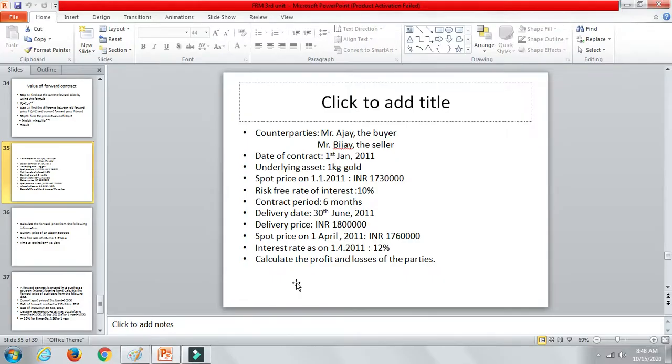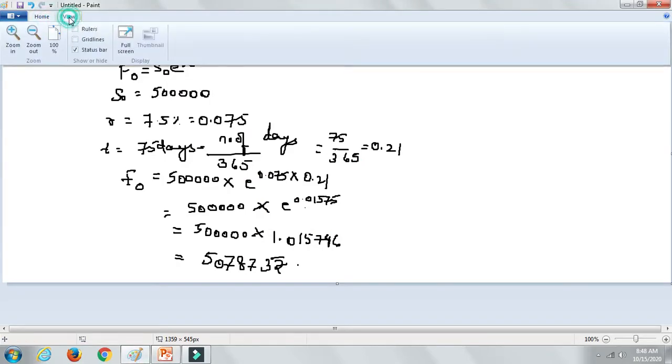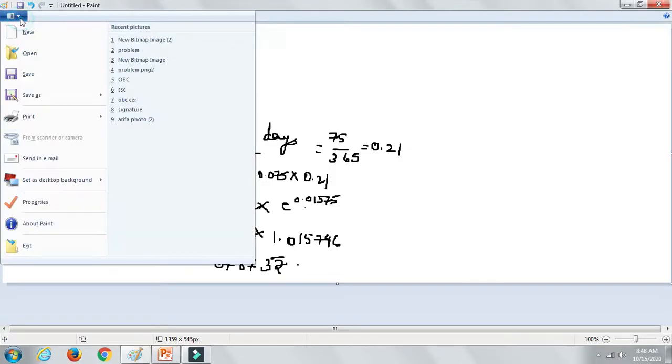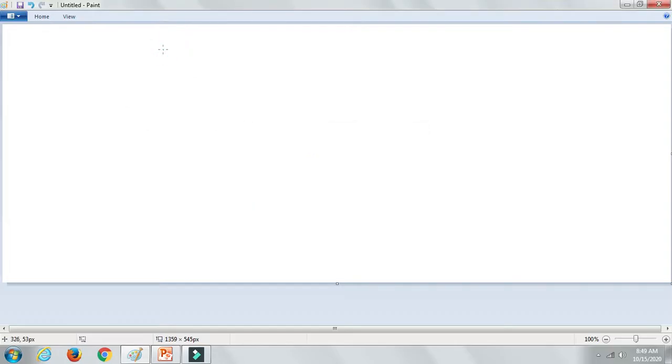Okay, so now let's write the information. Let me write the complete question one by one. Date of contract is 1st January 2011.